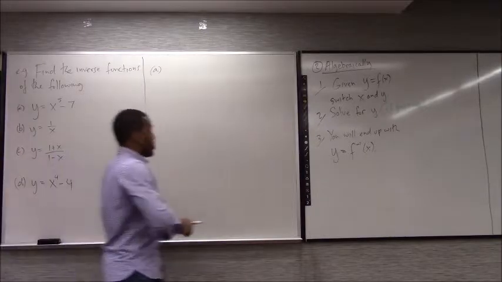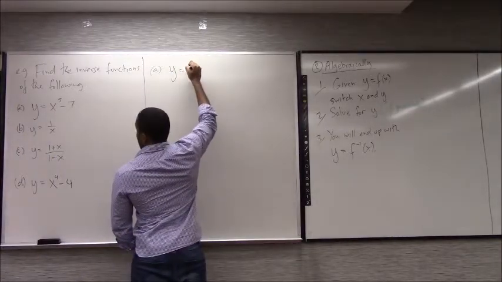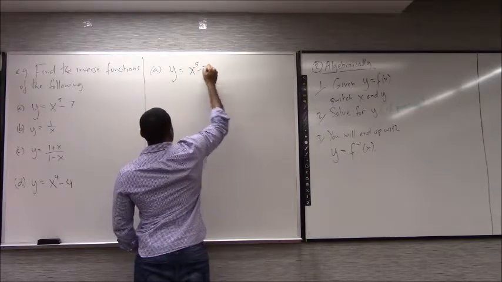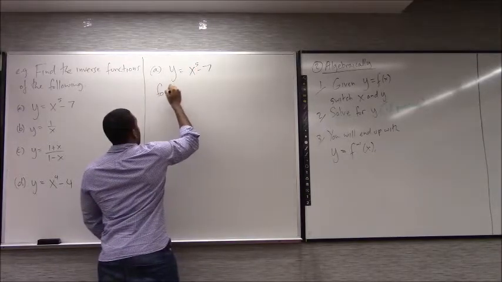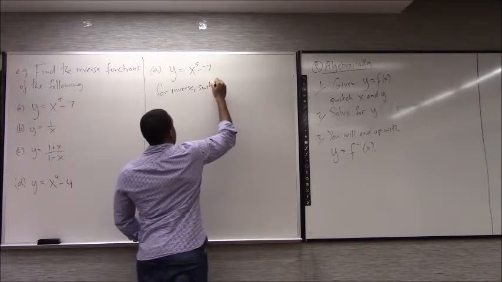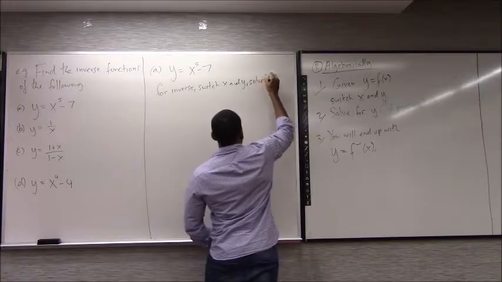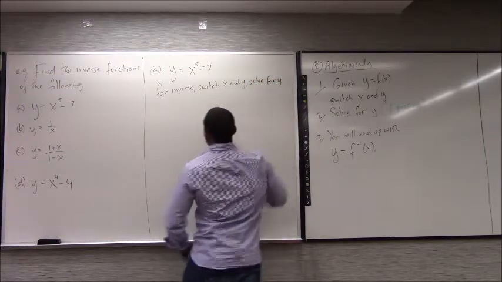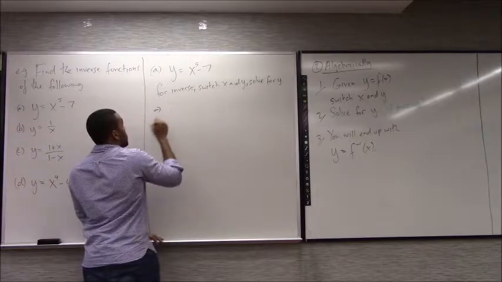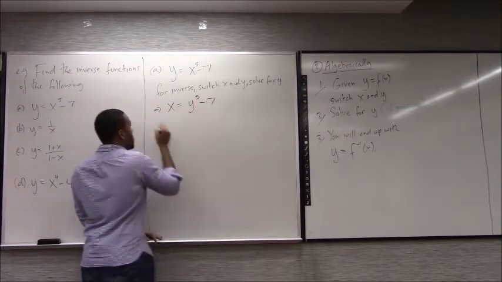Okay, how about the first one? What's the inverse function? y equals x to the fifth minus 7 for inverse. Switch x and y, solve for y. So this gives x is equal to y to the fifth minus 7.